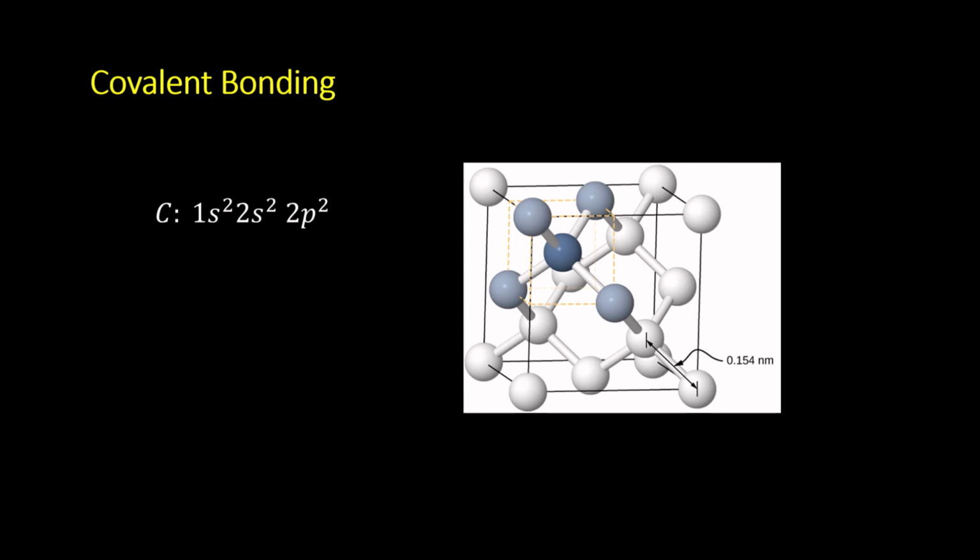Covalently bonded crystals are reasonably hard, difficult to melt, and are insoluble in water. For example, diamond has an extremely high melting temperature of 4000 Kelvin and it is transparent to visible light. Two other important examples of covalently bonded crystals are well-known semiconductors, silicon and germanium.